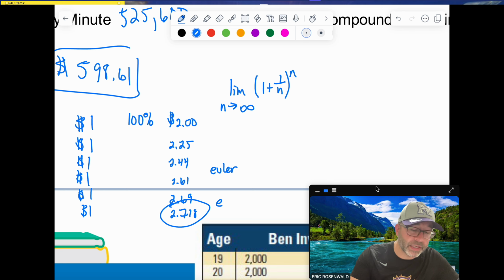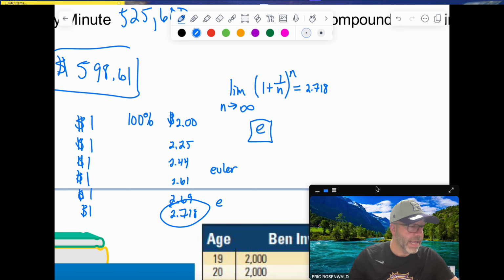Because remember, it's n times t. t doesn't matter here because as n gets really large, it approaches infinity, right? And what he found is that as I do this, we end up with 2.718, which is what e is equal to.